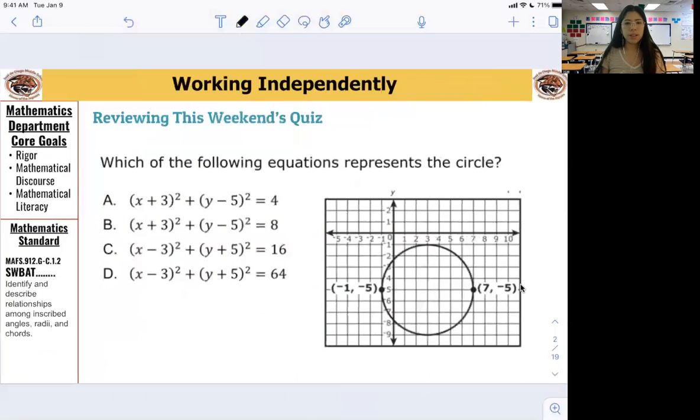All right. Here's another one from the quiz. So take a look at it, refamiliarize yourself with it, and let me know in the chat what you put as your answer. And then tell me what the correct answer is if you got it wrong.